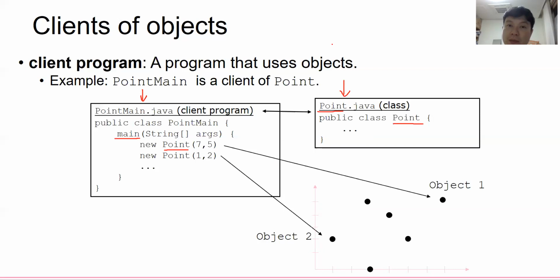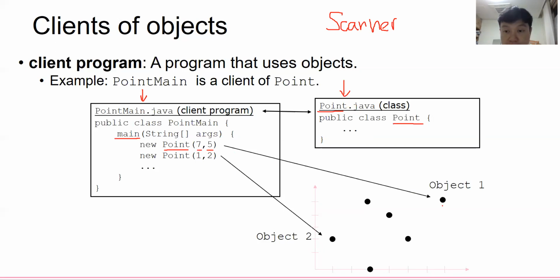If you still remember Scanner, whenever you use the Scanner, it is actually a class, and you will access the class to create a new object. This is the same. I have a point.java, and you want to access this Java file in order to create two numbers, 7 and 5.